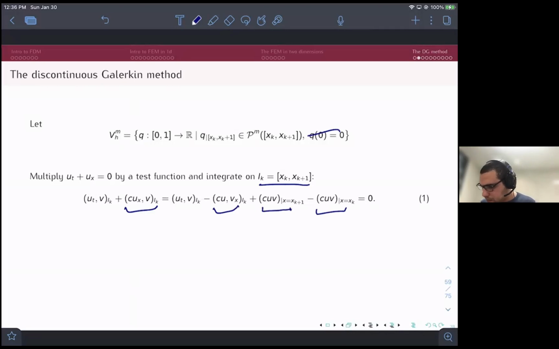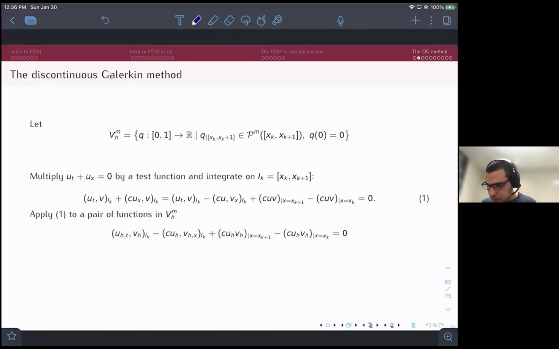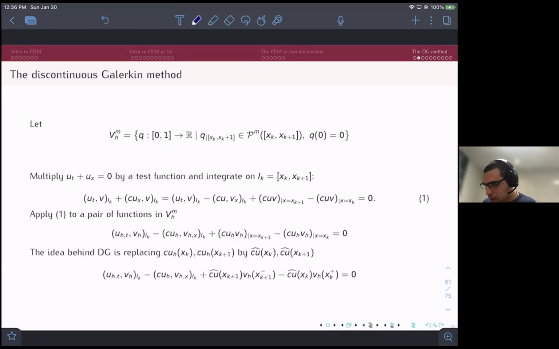So basically, you have ut, and then now the derivative moved to the other side, and then you have evaluation at xk plus 1 minus evaluation at xk, what you would get from integration by parts.